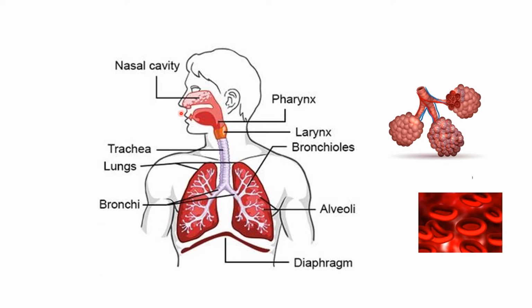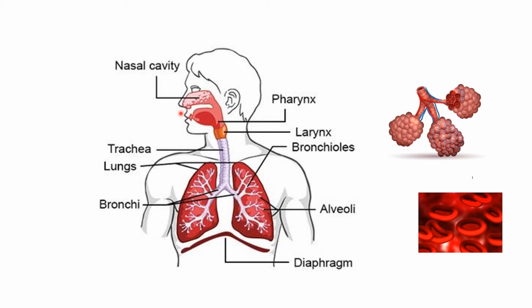It is the oxidation of food which takes place inside the mitochondria. So remember, what is respiration? Respiration is the oxidation of food which takes place inside the mitochondria to release energy and carbon dioxide.